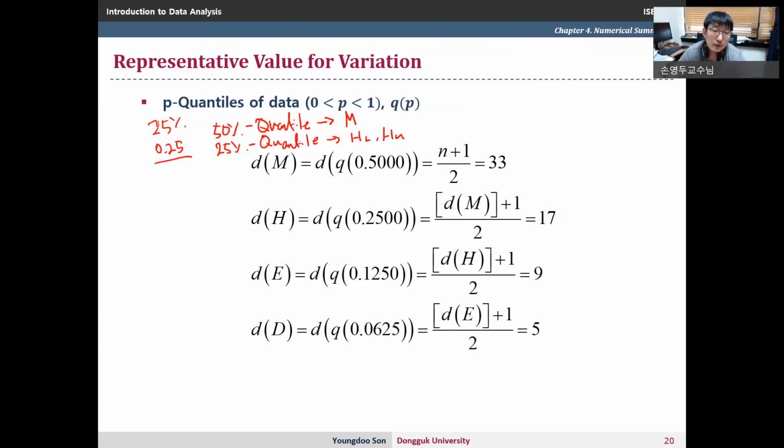So we call these kinds of quantiles P quantiles. Here P, we will put values between 0 and 1. For example, the median is the 0.5 quantile, and hinges or quartiles are the 0.25 quantile.